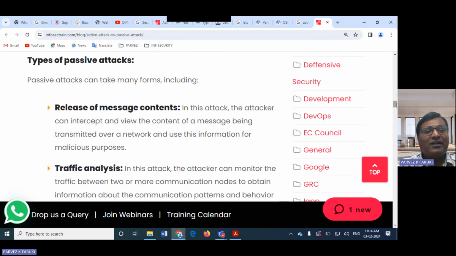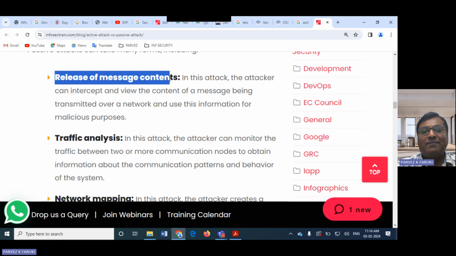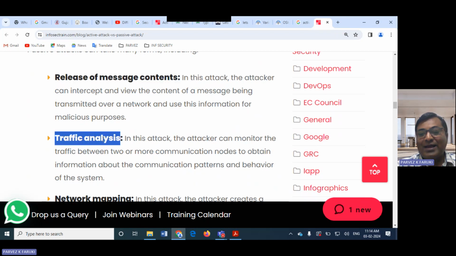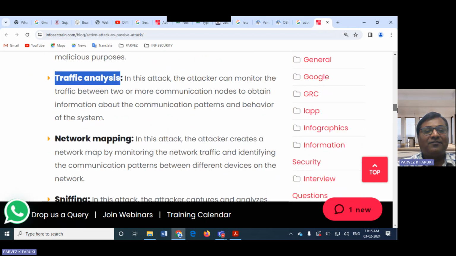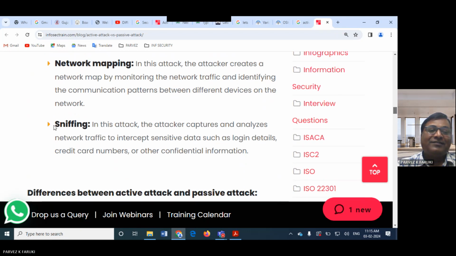What are the types of passive attacks? When you just release some message content after reading it beforehand, using a tool like Wireshark, if you do network data traffic analysis, or a network map, or just remember this, you are trying to sniff.